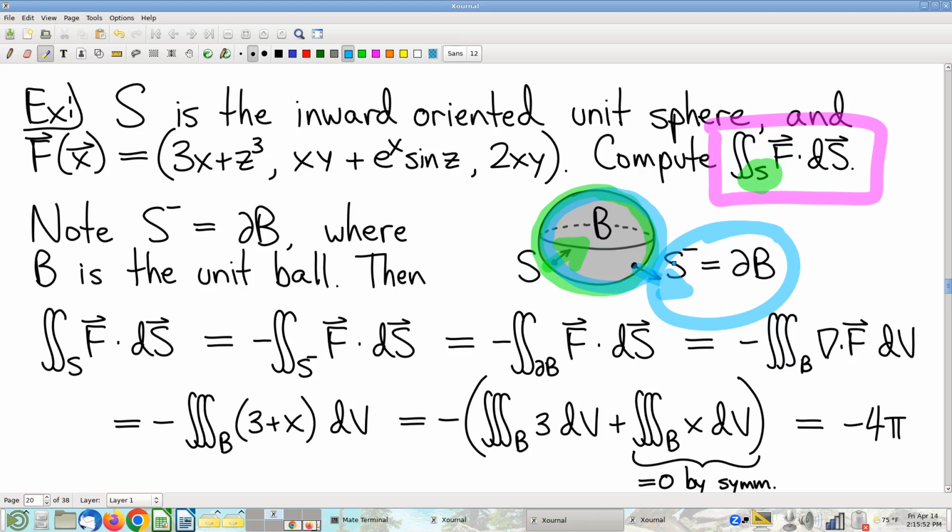S minus here is the sphere containing the ball, oriented outward away from the ball, and it's a boundary. No problem. Specifically, it's the boundary of our ball B here. Okay, so the blue surface is the boundary. Is everybody happy with that?